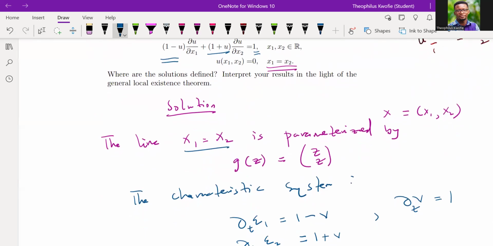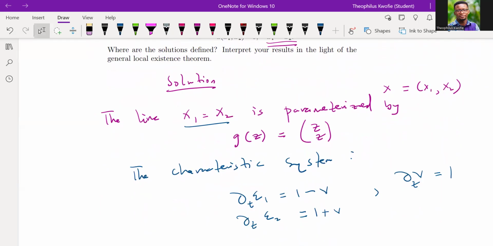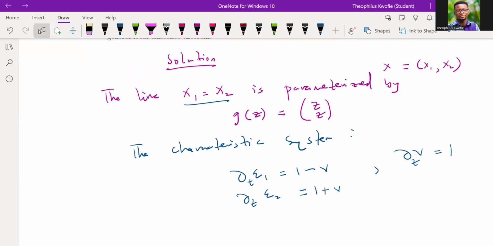And then we are given initial conditions as well. The partial of v with respect to t, we said, is 1. Now what would be the initial conditions?